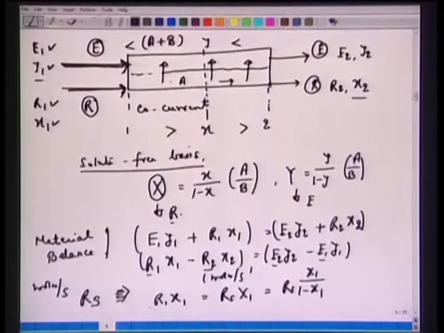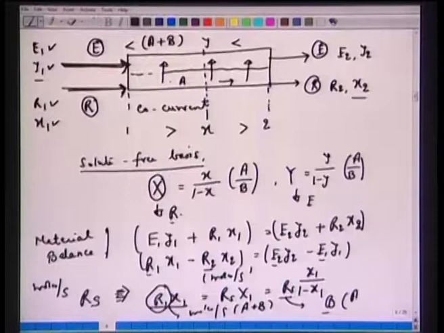So all we have done, we want to substitute R1 in terms of Rs. So R1 is the total molar flow rate, so this would be moles per second of both A plus B. On the other hand, this Rs is the molar flow rate of B only. So it's A free basis, and you will see what is the advantage of this.